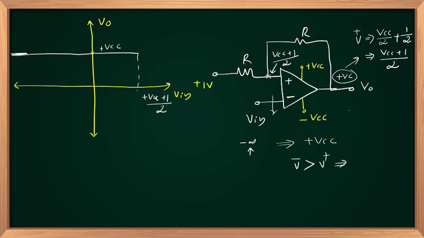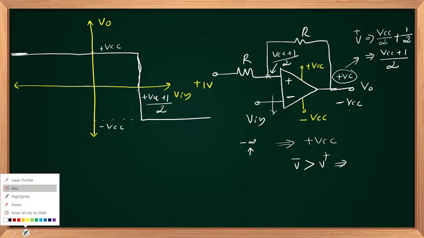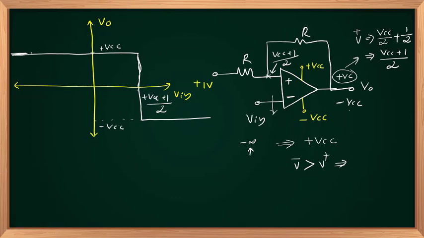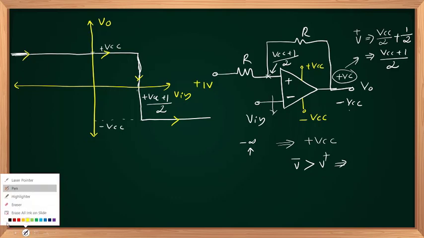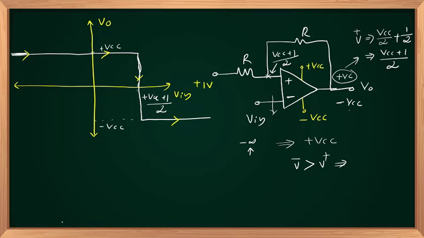That implies the output switches to minus VCC. This is my minus VCC level. So you should be careful about the arrow here. As earlier, this is right, towards down, towards right.